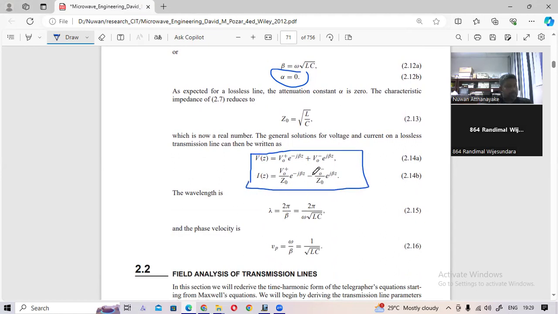Previous time I told you this is plus, no? Is there a mistake? Okay, I will explain this again.